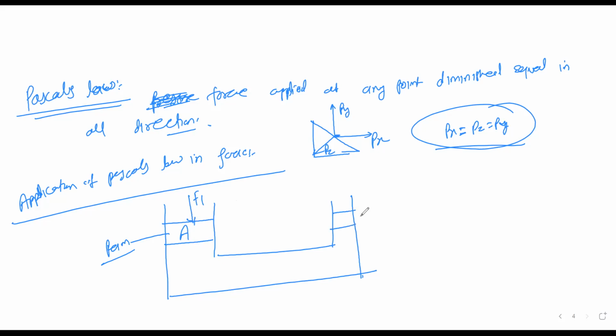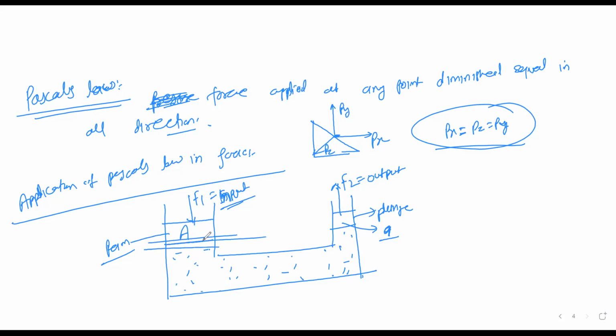And this is called the plunger, and the plunger area is small a. And the output force, I am assuming, is F2. So this is the output, and this is the input.